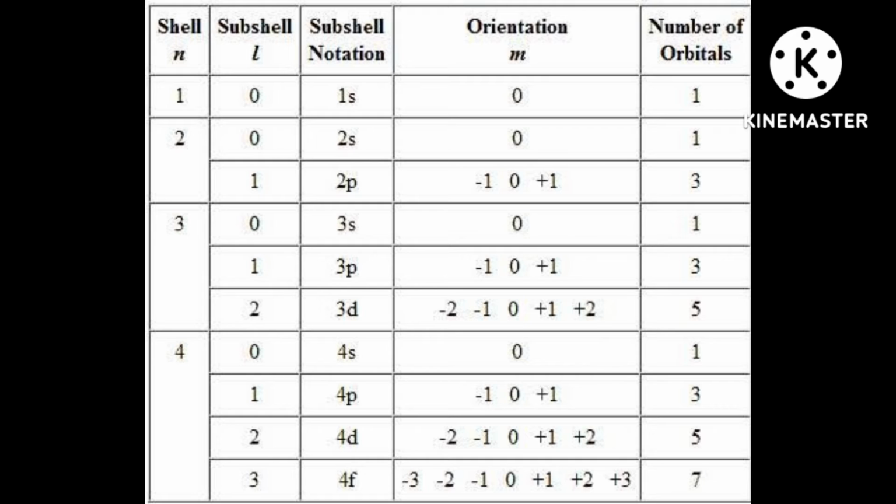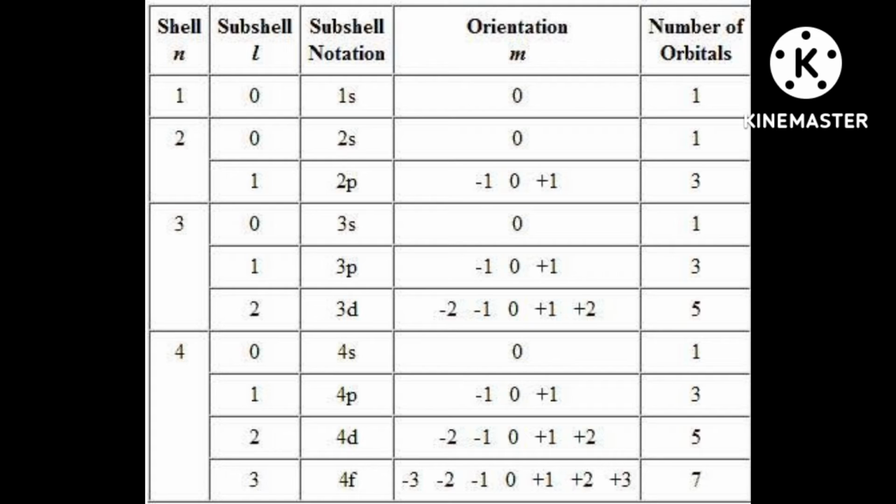If n is equal to 4, then 4 suborbits may be there, 0, 1, 2, 3. Then 0 means 4s, 1 means 4p, 2 means 4d, 3 means 4f.